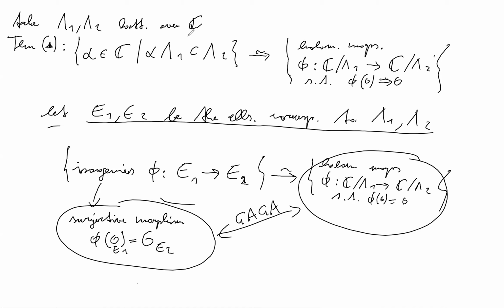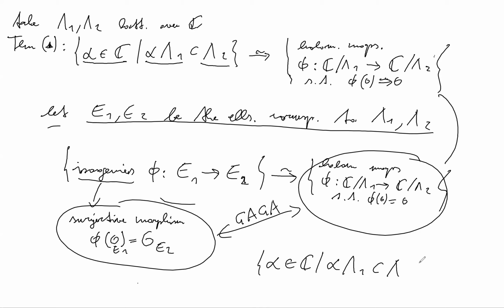Okay. In other words, if we trace up a bit, these things are the same. We had isogenies here, and up there we take a complex number and scale my lattice, and this lattice is then contained in the other one, a sublattice. So what this means is that these numbers in C, such that the lattice is contained in here, act like an isogeny.